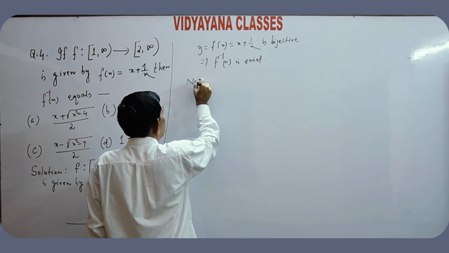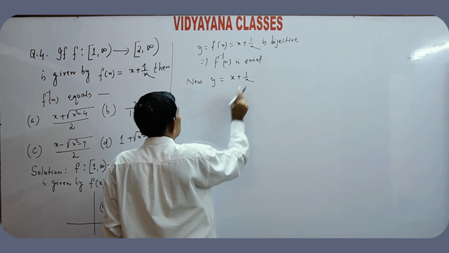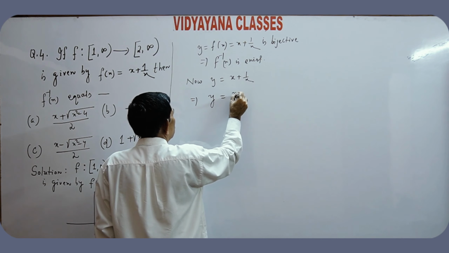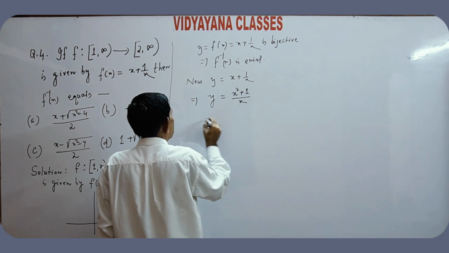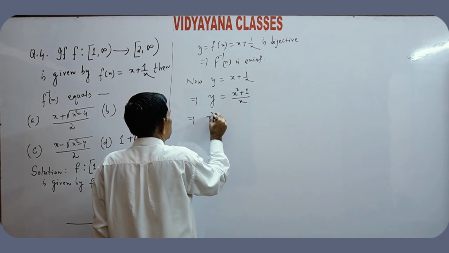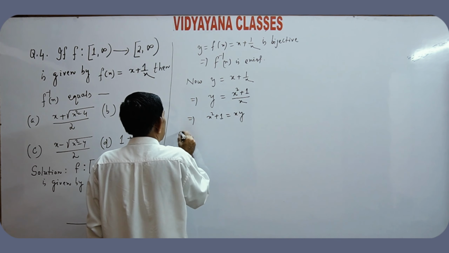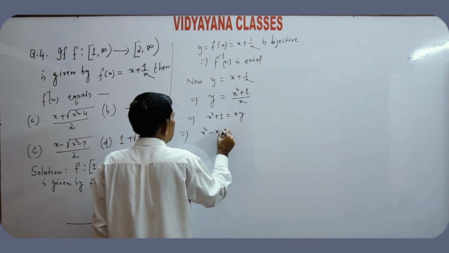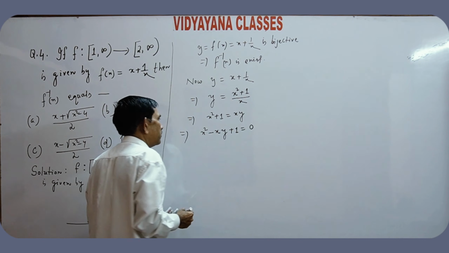Now y is equal to x plus 1 by x, which implies y is equal to x square plus 1 divided by x, which implies x square plus 1 is equal to xy, which implies x square minus xy plus 1 is equal to 0.